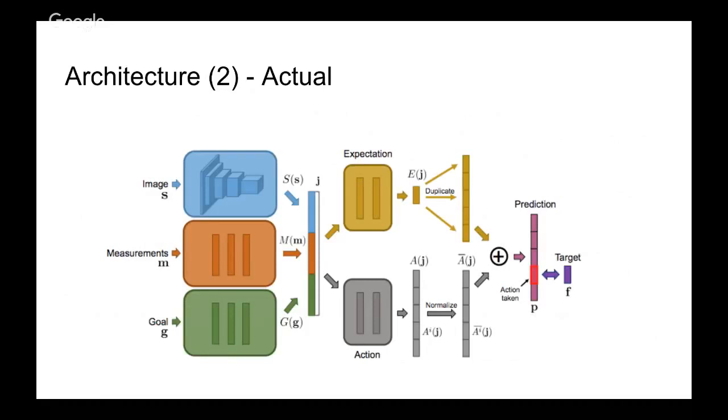Yeah, so it's interesting. I guess why is fixing that architecture better than just learning it directly with one neural net?